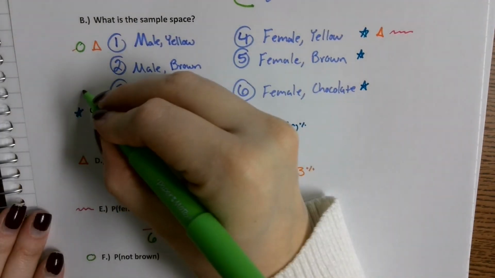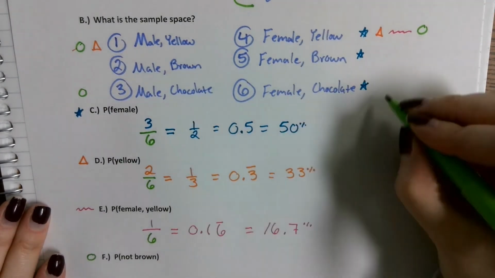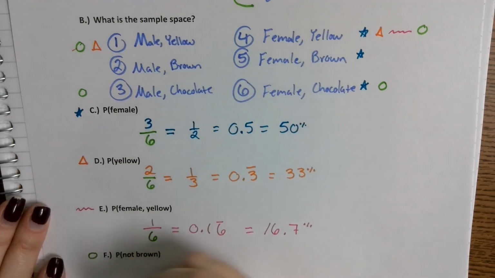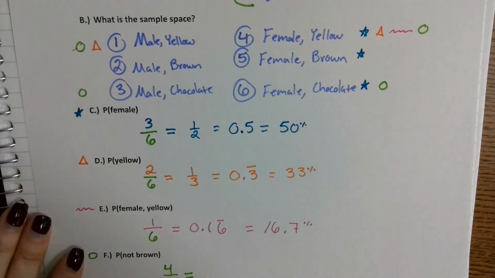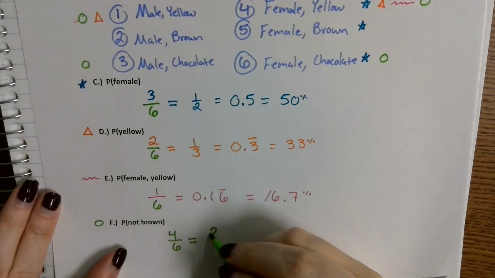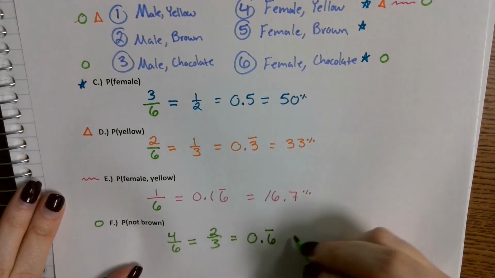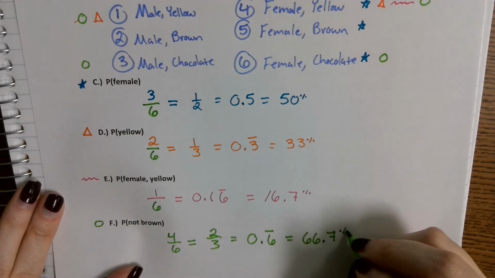Option 3 does not have a brown. Option 4 doesn't have a brown. Option 6 does not have a brown. So that's 4 options out of the 6. Can we simplify 4/6? To 2/3. Very good. And 2/3 is 0.6 repeated, which is approximately 66.7%.